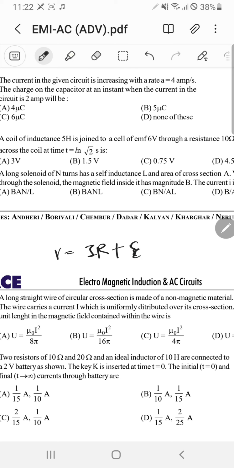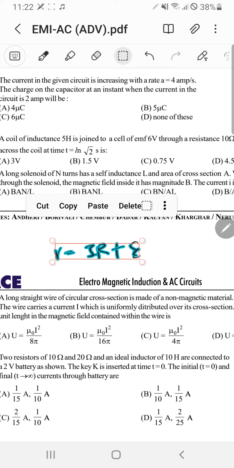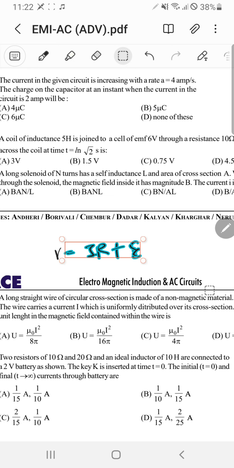It's V minus IR, that's our E, this Greek E, which is the induced EMF. So V minus IR upon V equals e power negative R by L times t. We're just going to use this.